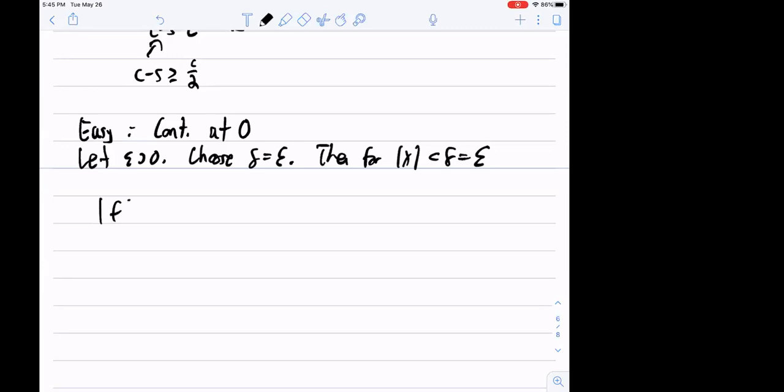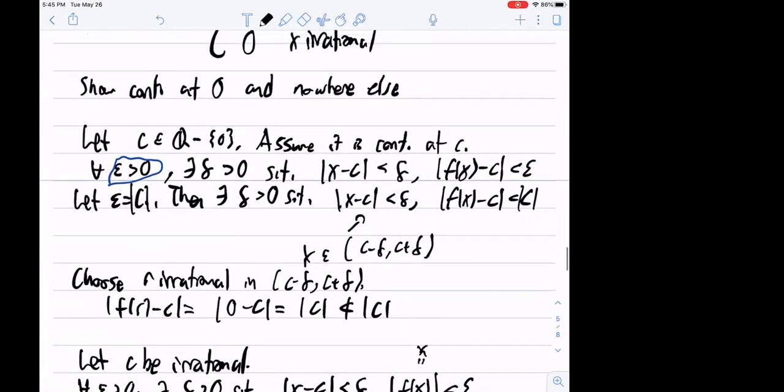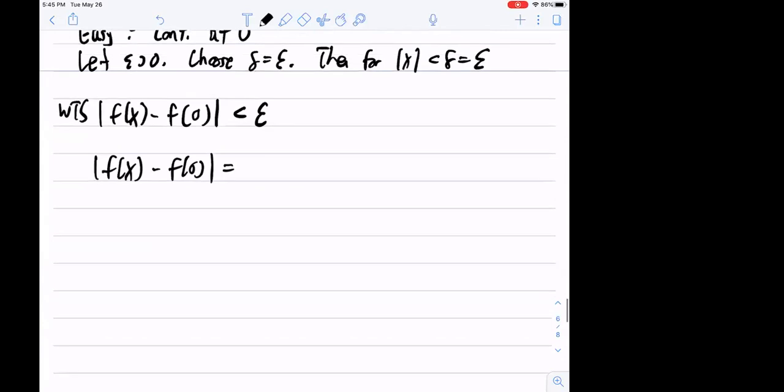I want to show f of x minus f of 0 is less than epsilon. But what is f of x minus f of 0? At 0, what is my function? At 0, I'm just the value, so it's 0. So this is just f of x.